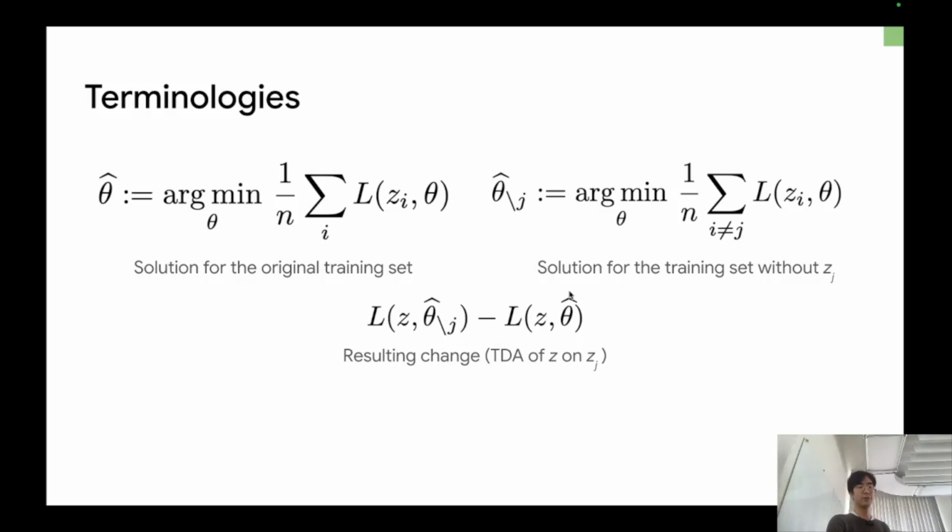Now your quantity of interest is the difference in loss values for the test sample z, where the difference between these two cases is exactly whether you include z_j during training or not.